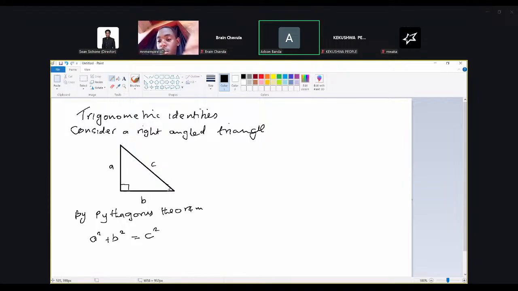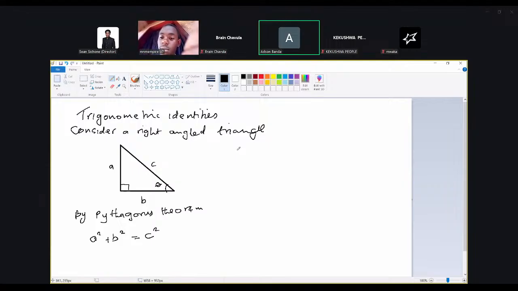Now, let's consider the angle theta. From the angle theta, what we also know are the trigonometric ratios.